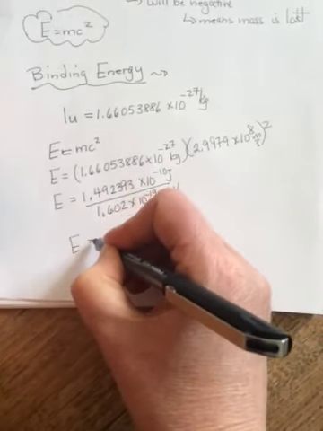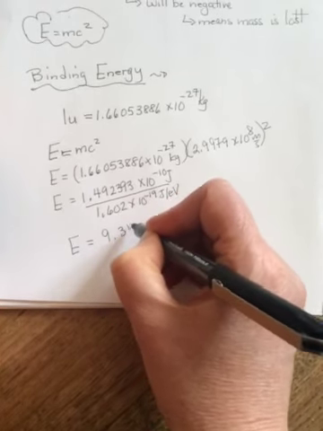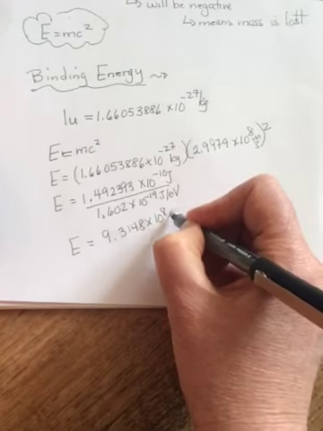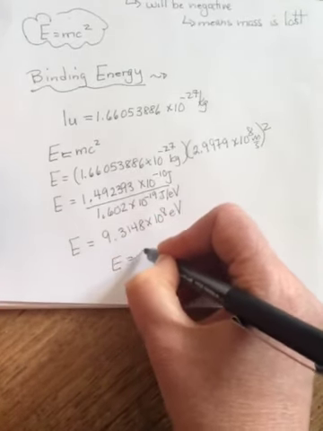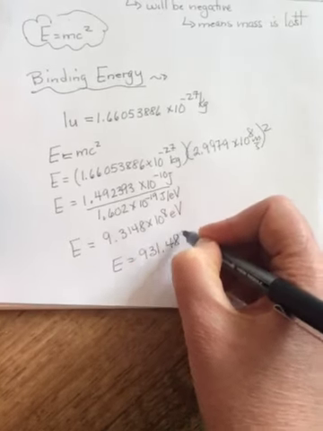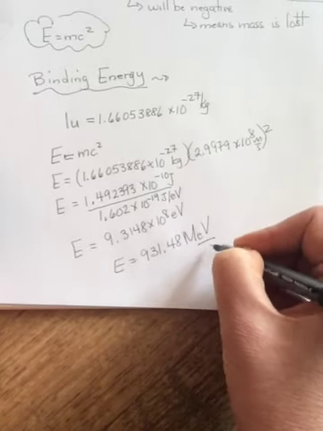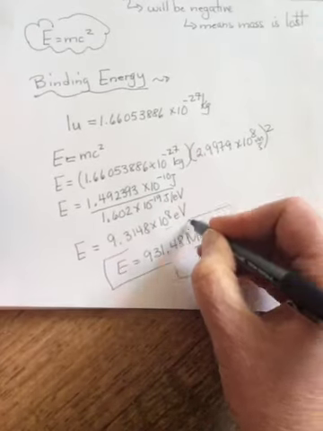And when you do this, you get an E of 9.3148 times 10 to the 8th electron volts. And we usually write it as 931.48 mega electron volts.